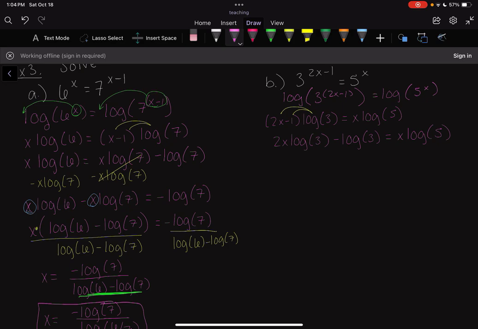You can decide how you want to do this, but I'm going to move mine like this. I'm going to move my x log 5 onto the left, and I'm going to add my log 3 onto the other side. So all I did here was I moved things around a little bit from side to side.